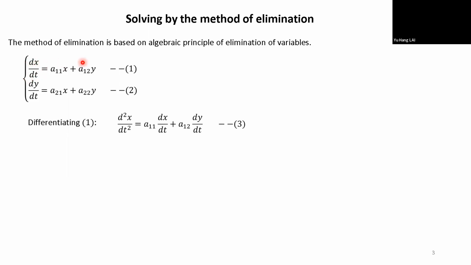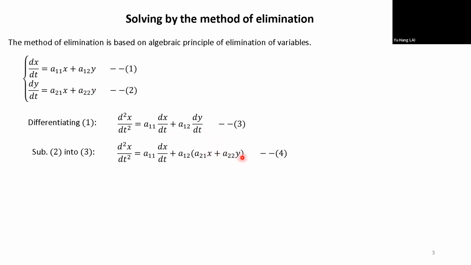the derivative of the first equation, equation 1, then I get this. Then I substitute equation 2 into equation 3. So I have this dy/dt here, but this dy/dt is given by equation 2, and then I have this equation here. Now what I have is an equation that contains the derivative of x and also x itself, but not the derivative of y.